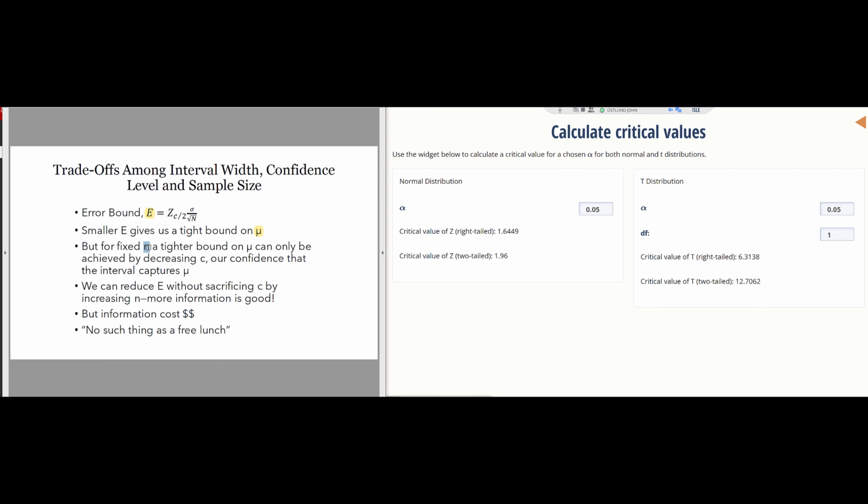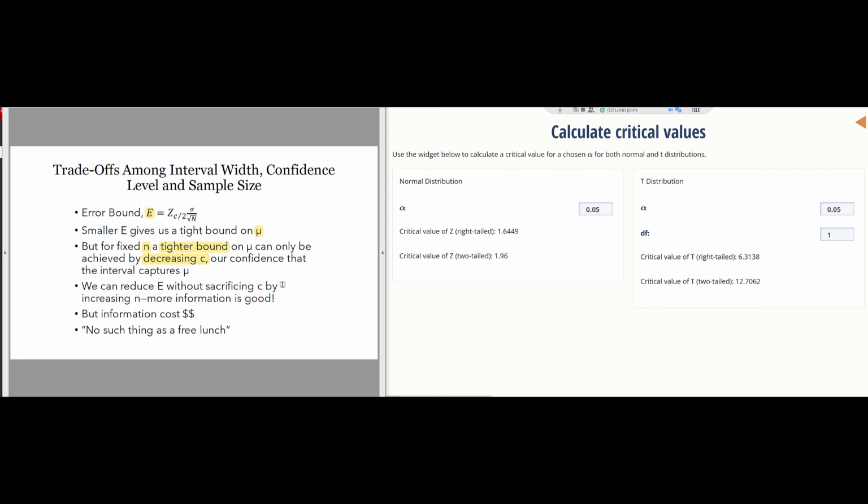So if our sample size is fixed and we want to have our error bound decrease in size, we can only do that by decreasing our level of confidence.